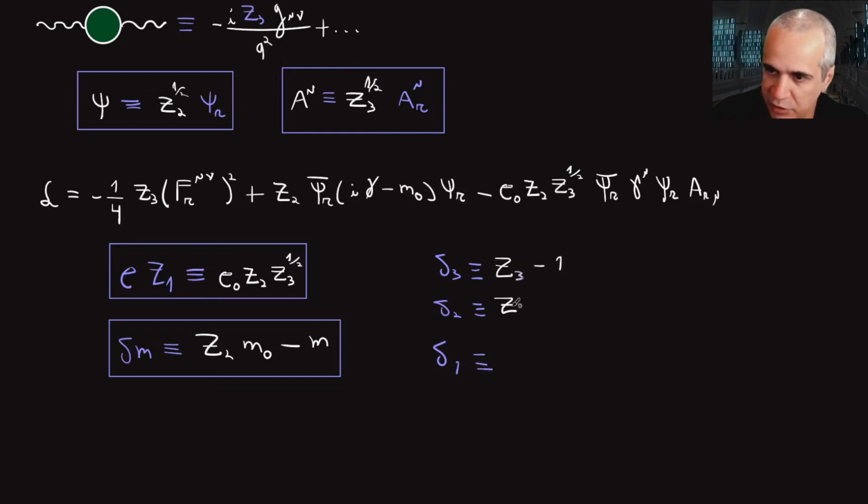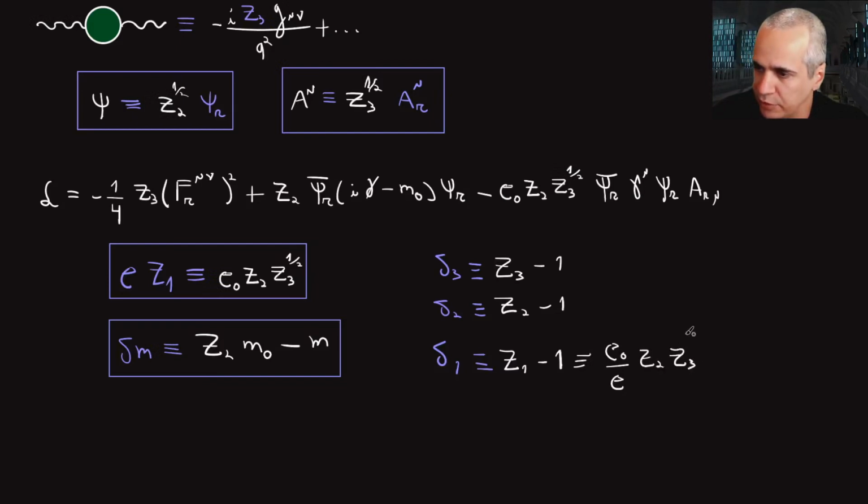This will be Z2 minus 1. This will be Z1 minus 1, and this, of course, just using this expression, this is just e0 over e, Z2, Z3 to the power half, minus 1.